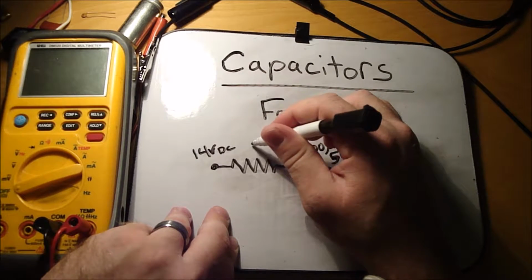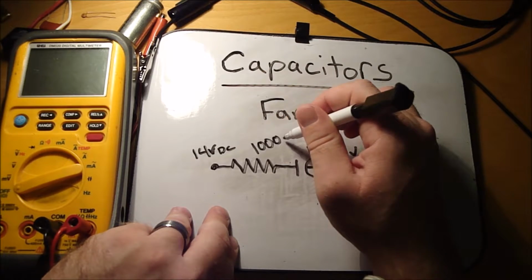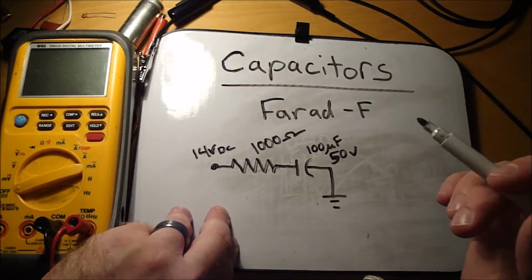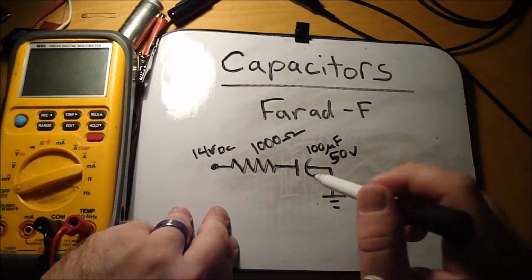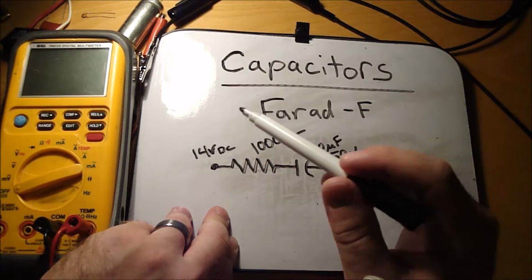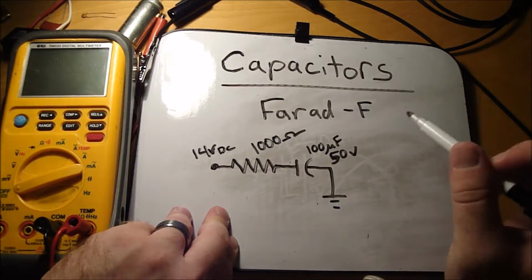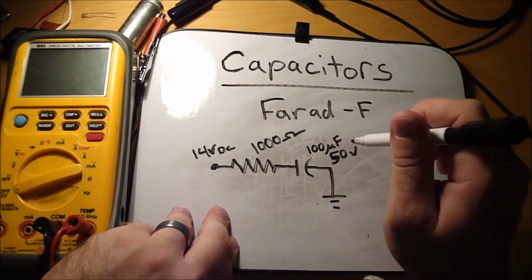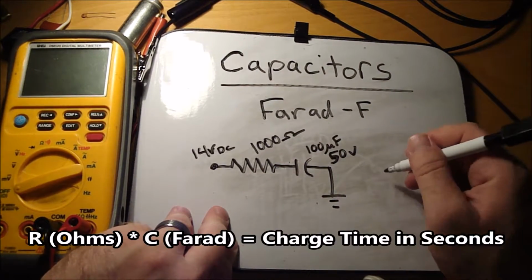Let's say we got a 1000 ohm resistor, and the amount of time it will take for that capacitor to charge up to the supply voltage is calculated by taking the ohms times the farad.